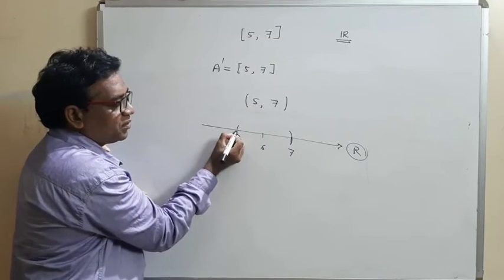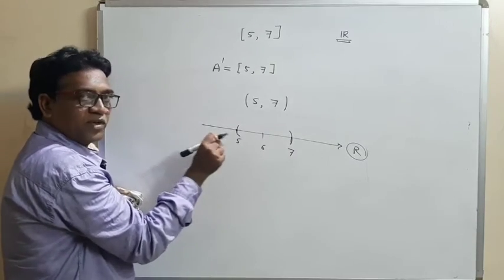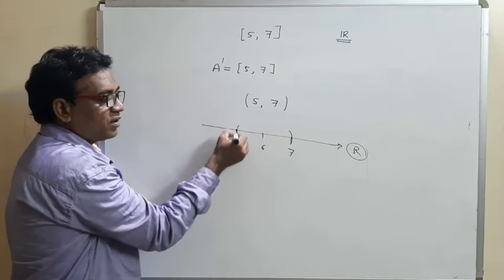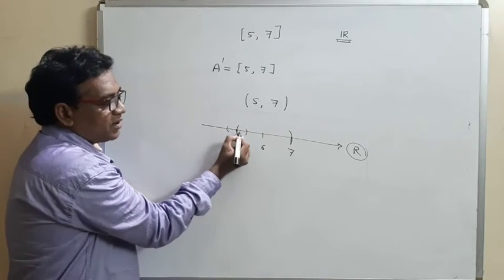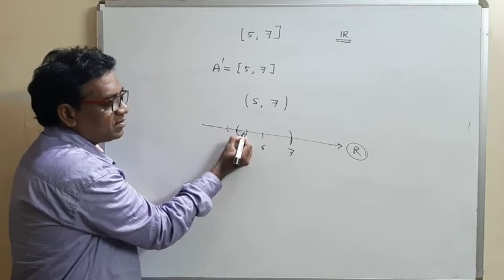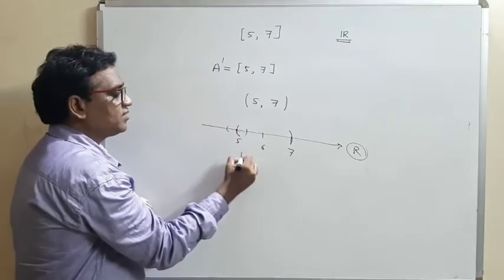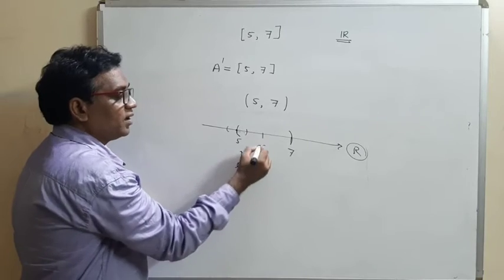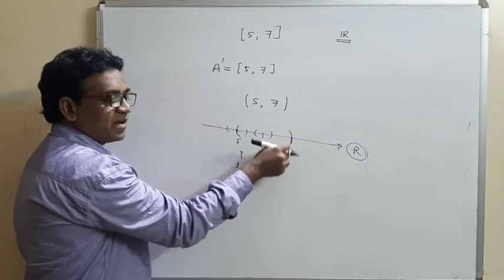Now see, 5 is again a limit point. If we take x equal to 5, then for the element 5 this is the open sphere, and obviously it contains infinitely many points of the given set. So this is a limit point. 6 is again a limit point, as well as 7.